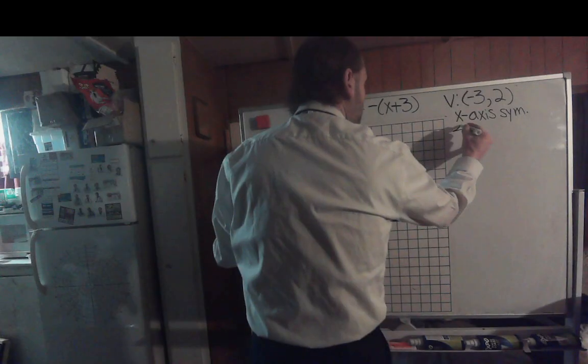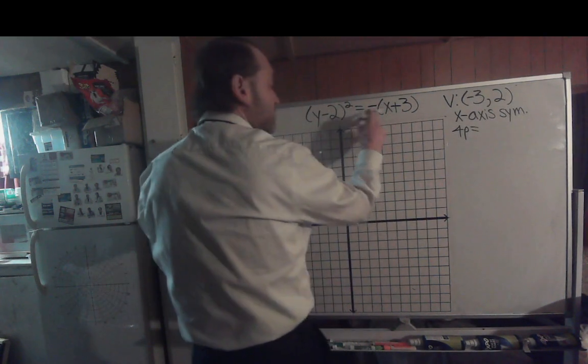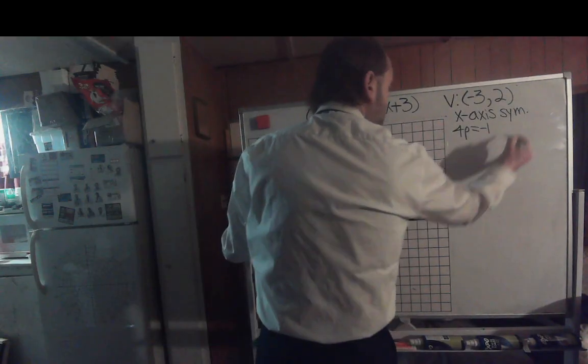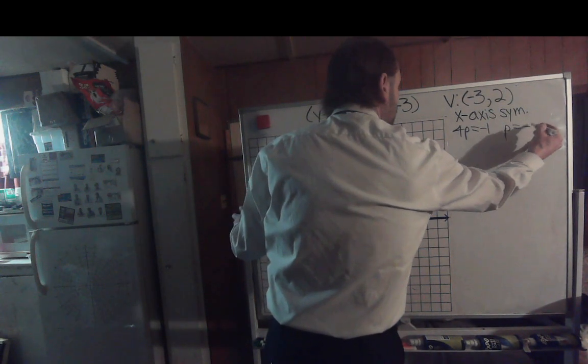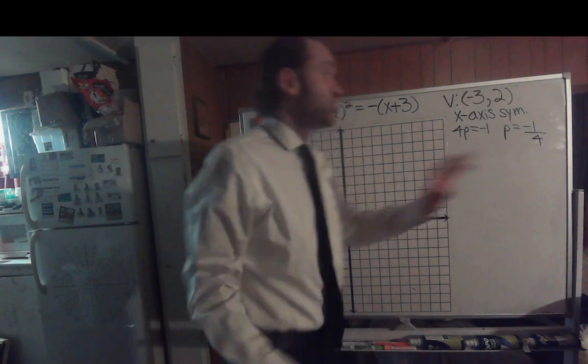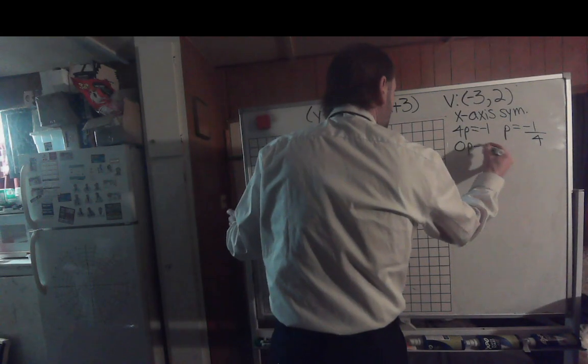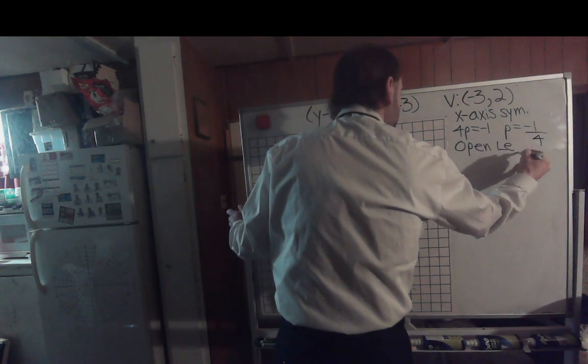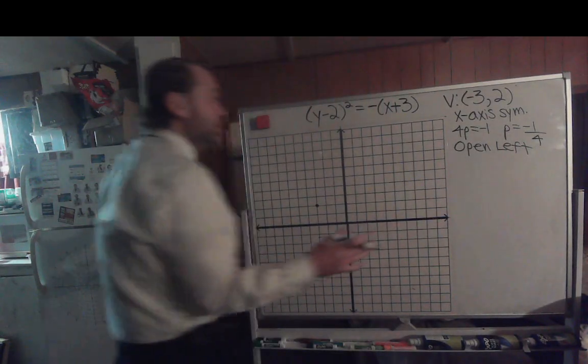So set your 4p equal to your coefficient of negative 1, which means p equals negative 1/4. Now your p is negative and it has x-axis symmetry, that means it opens to the left. So that's also an important piece of information.